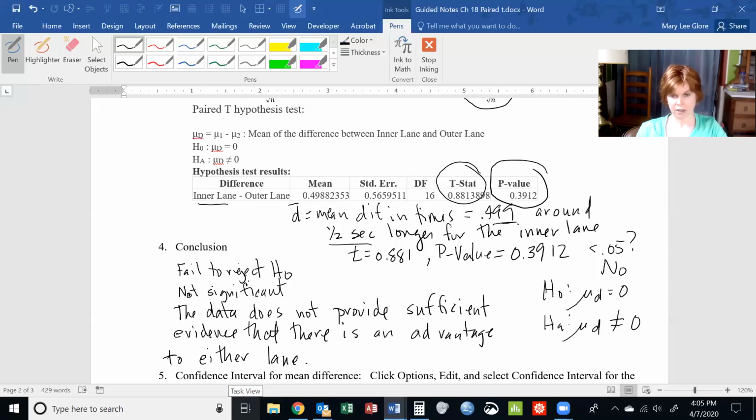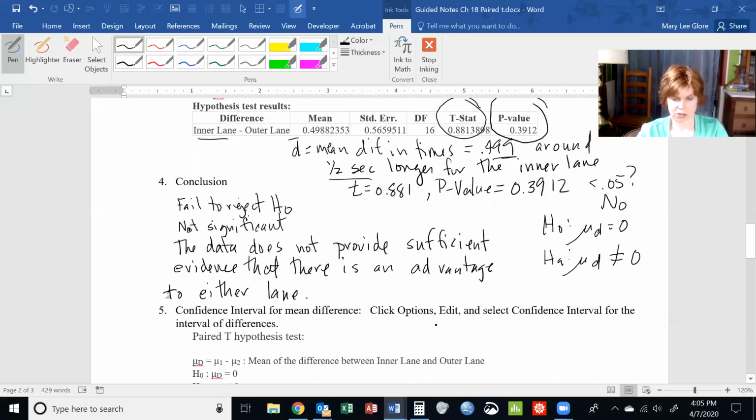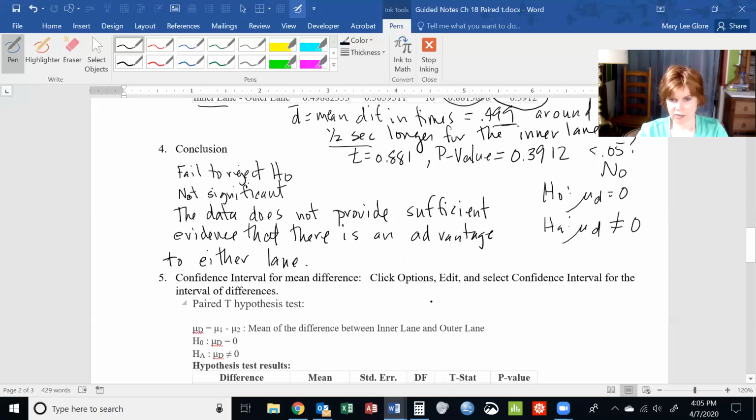So we don't know if there's an advantage or not. We don't really have good evidence either way. It could have an advantage, or it may not have an advantage. We just don't know.